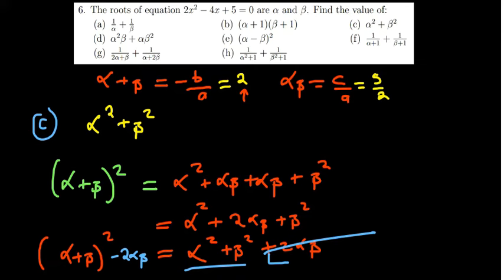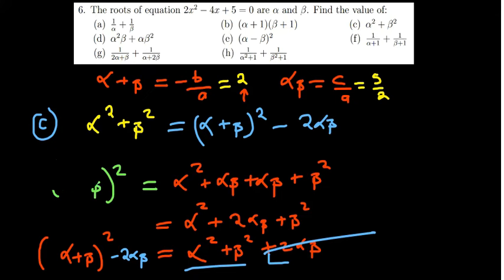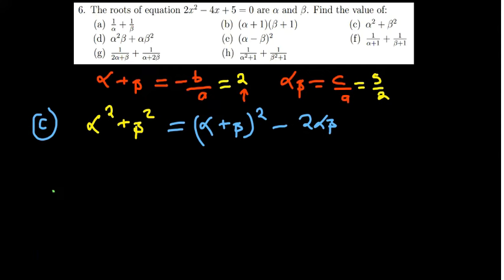Therefore, alpha squared plus beta squared is equal to alpha plus beta in brackets squared, removing the middle part of 2 alpha beta. In that way, we've expressed it in the form of addition and multiplication.